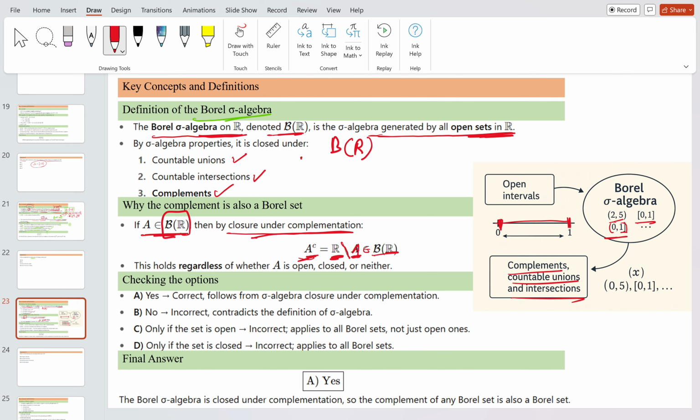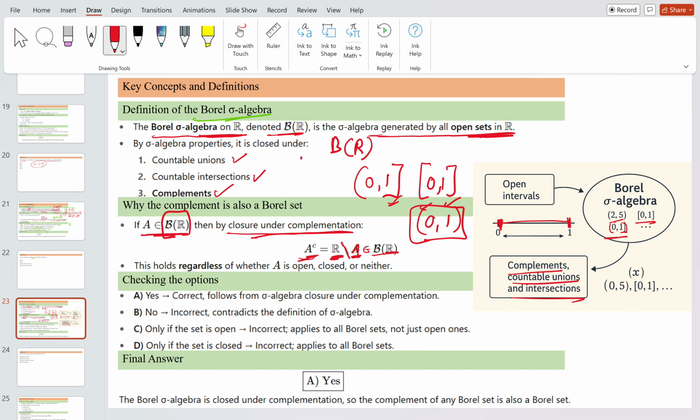Open sets means, for example, the interval (0, 1) you are considering here. This is a kind of closed set, that is [0, 1]. So Borel set means all the sigma algebras which are generated by the open sets in R, called the Borel sigma algebra.